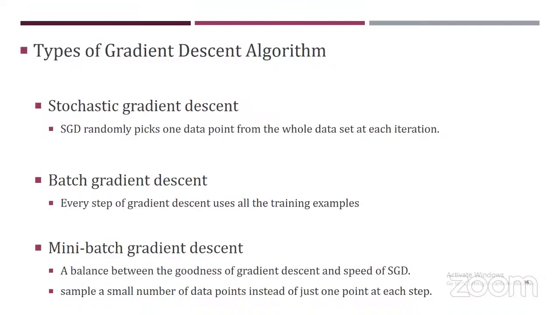Now, we have advantages and disadvantages with respect to each of these. If you consider stochastic, it is going to be very quick, because we use just one instance and make the decision based on that one instance. In case of batch gradient, you use the complete set of instances, so the time requirement for batch is going to be large compared to stochastic.